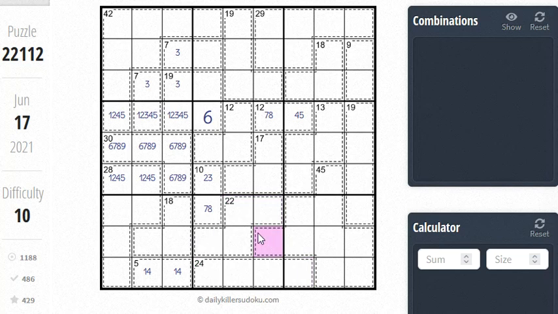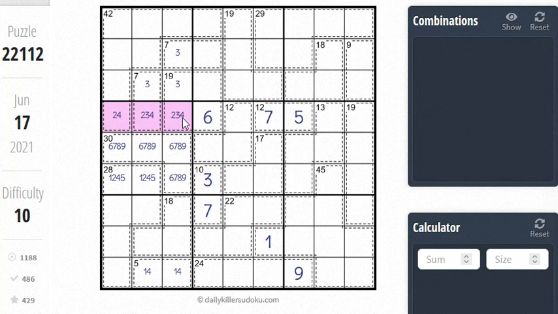So, if this is a 1, then now we have 1 plus 7 is 8, and this would be 54 in total. So that forces this to be a 9, and that forces this to be a 7. It can't be an 8 because this would have to be 10. So there we have this guy.